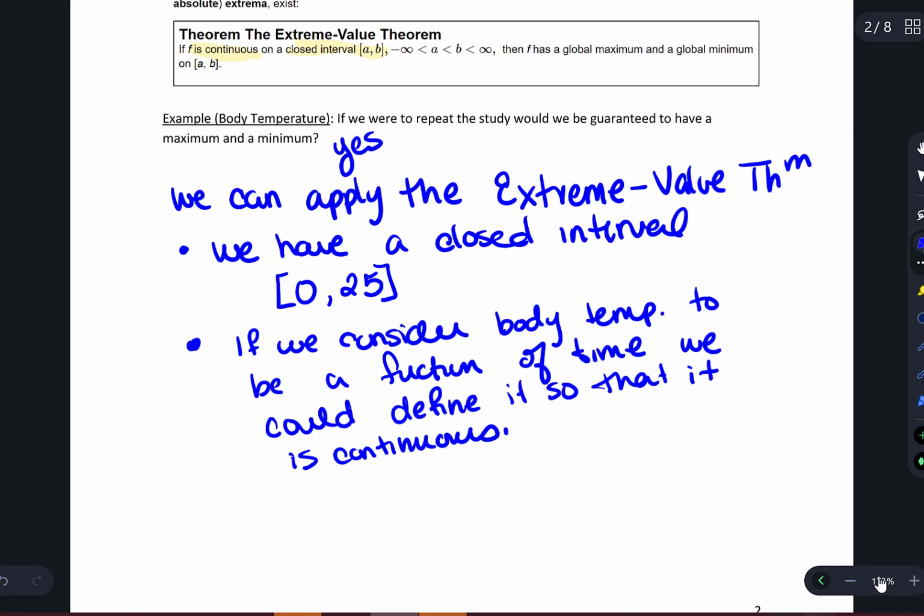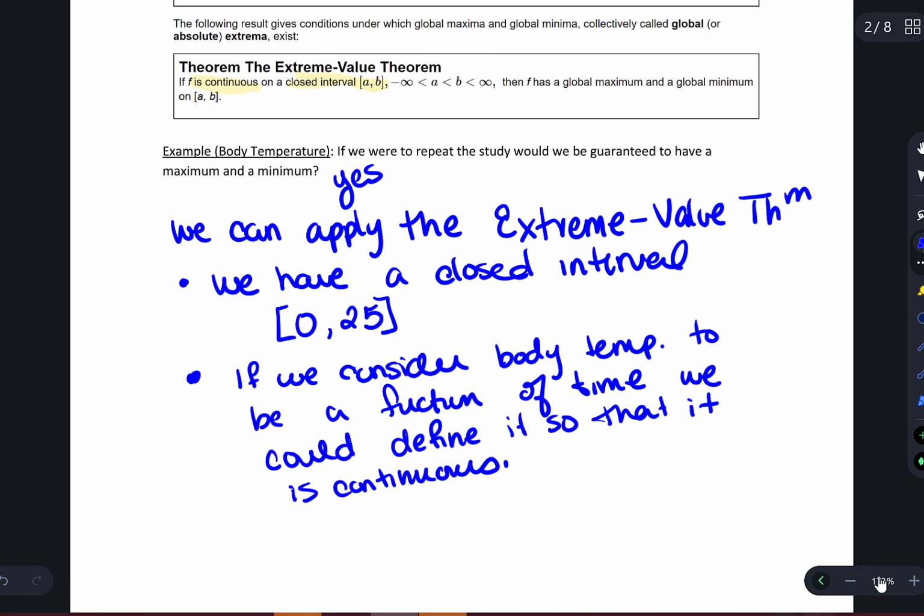And as long as we have both of these, then again, we could apply that extreme value theorem, and we could say that if we repeat the study, we would be guaranteed to have a minimum and a maximum.